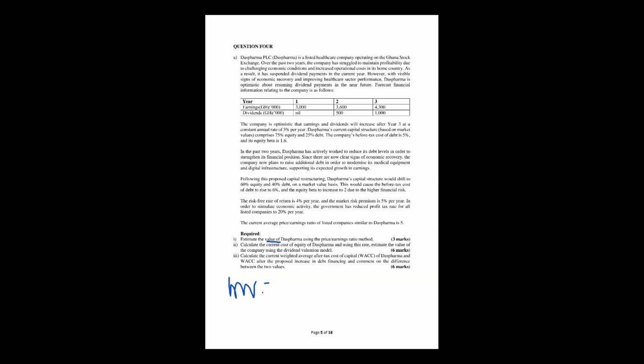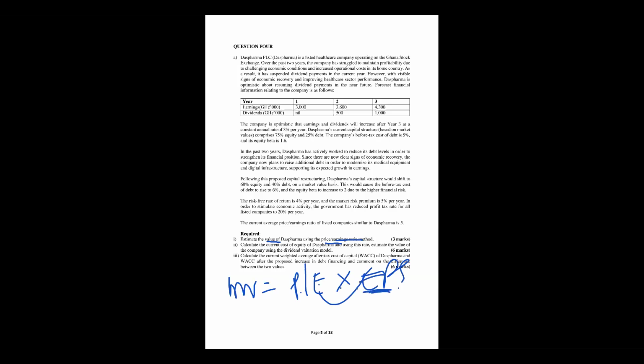So market value equals price earnings ratio times earnings per share. When I go to the data, if it's a listed company, fine. If it's not a listed company, I'm going to use the PE of the listed company, reduce it by a certain percentage, the risk factor, and multiply by the earnings per share.